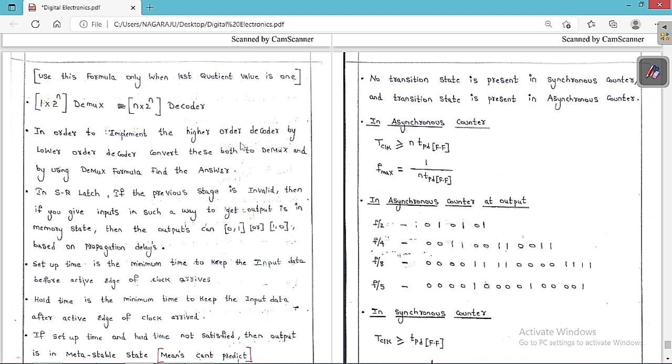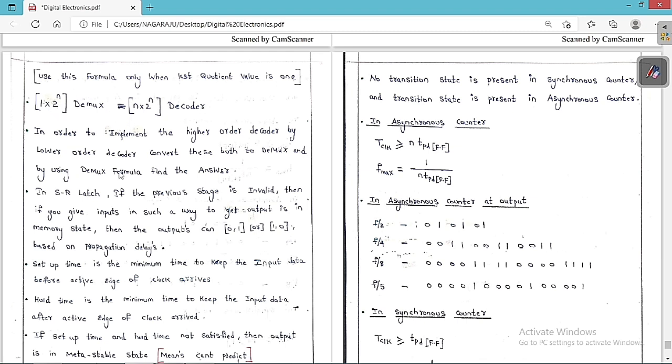In order to implement the higher order decoder by using lower order decoder, convert both to DMUX and by using the DMUX formula, find the answer. So if you want to implement a higher order decoder with the help of lower order decoder, first simplify in terms of DMUX and then use the DMUX formula which I have already told you.